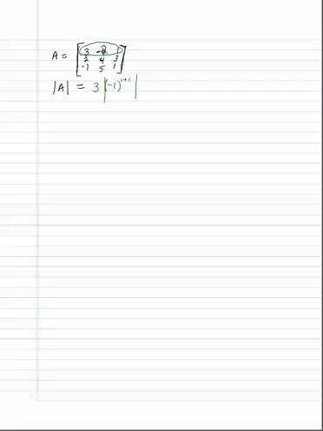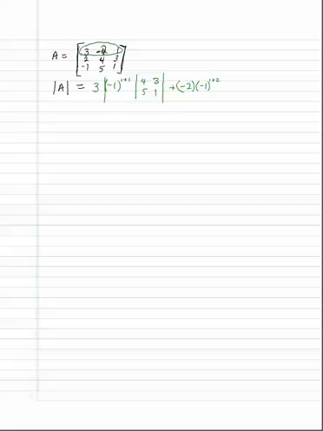So cross out the row and the column, and we get 4, 5, 3, 1, plus negative 2 times the cofactor, which is negative 1 to the 1 plus 2, times the minor of 1,2.